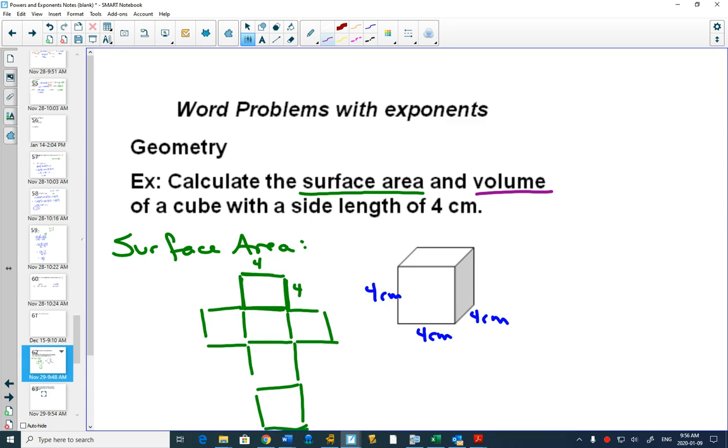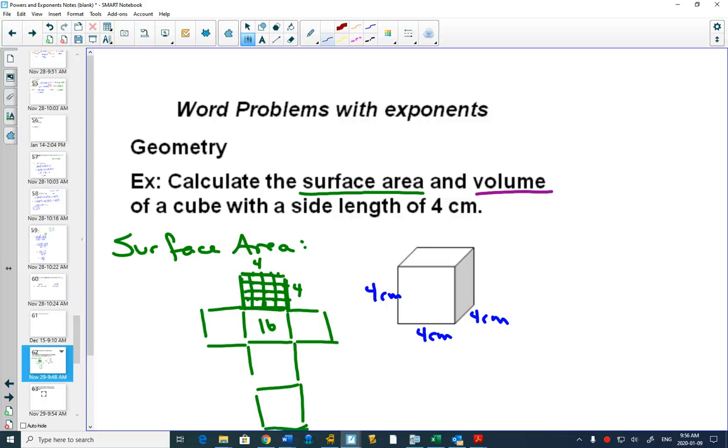If it was 4 this way, 1, 2, 3, 4, and 4 this way, 1, 2, 3, 4, and you separated that up, here, I'll draw straight lines. If I separated that up into sections, how many little squares cover the whole thing? 16. That's going to be the area of one of these squares, 16. All area is length times width.